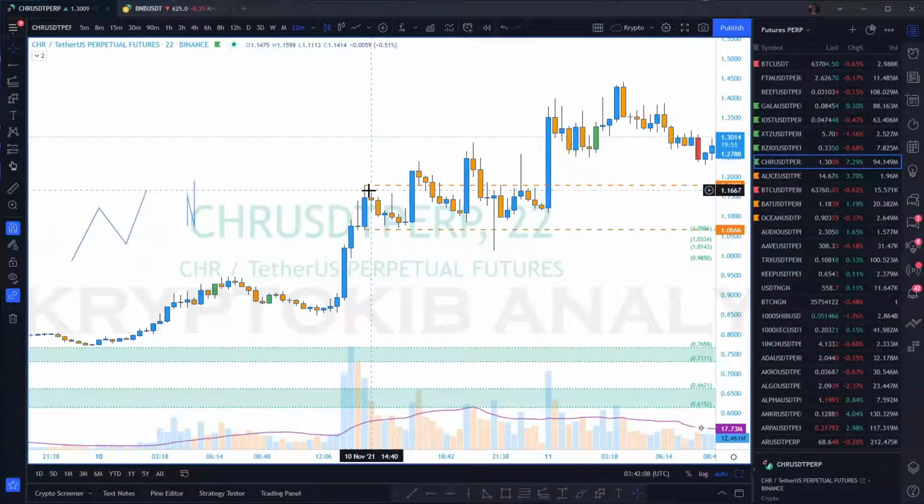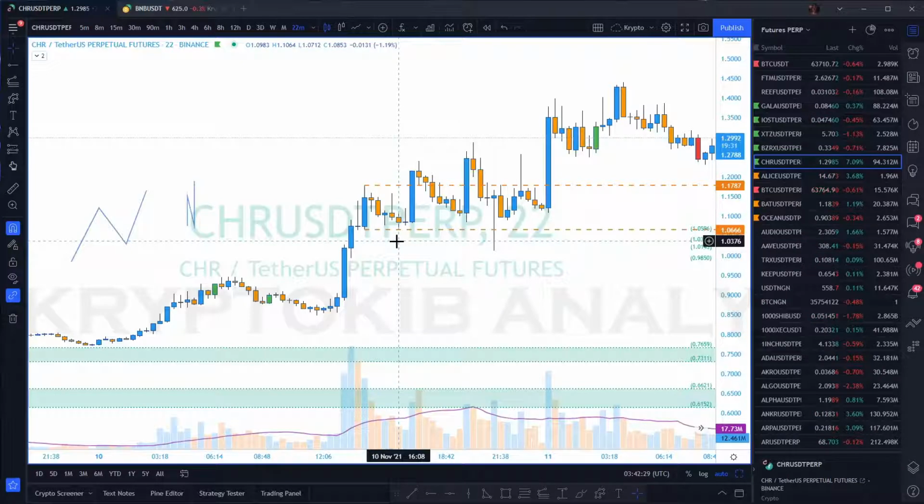So do we have a pullback here, or do we have a sideways movement? To me we have a sideways movement, and until we go below the low of this low to make a valid lower low, that is when we have a correction or a valid pullback.